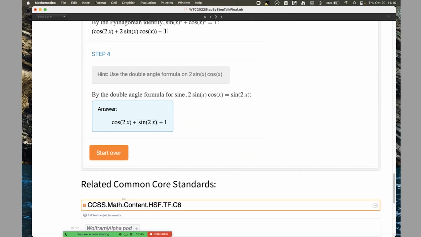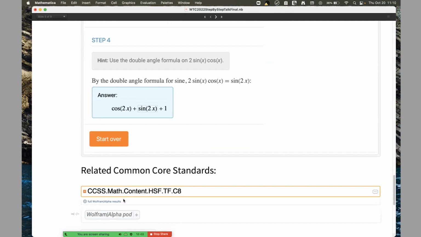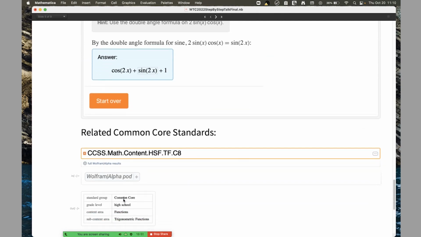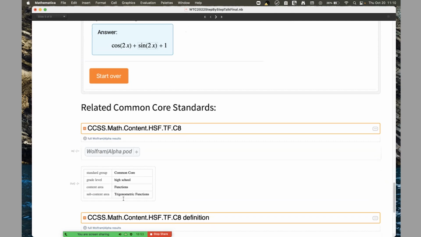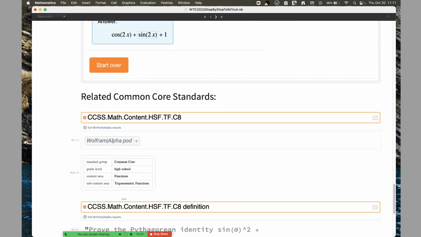I want to point out that there's been a lot of effort towards the Common Core standards here. So in the Wolfram Alpha Notebook Edition, as Anne-Marie was demonstrating, we have the ability to work with Common Core standards, and we can obtain information on the trigonometry standards, for instance.